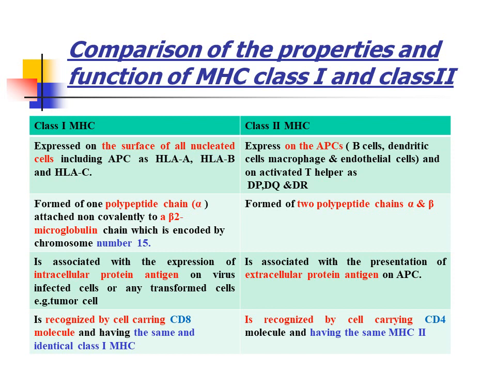This table shows comparison between the protein properties and function of MHC class 1 and class 2. Class 1 MHC is expressed on the surface of all nucleated cells. Class 2 is expressed on antigen presenting cells.